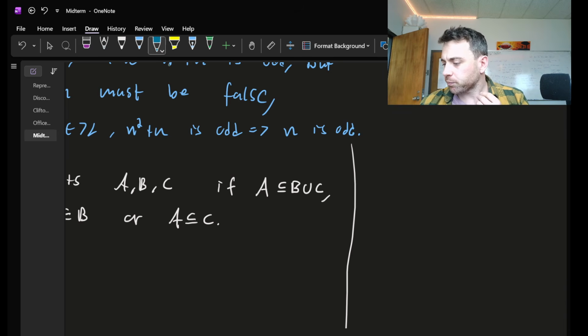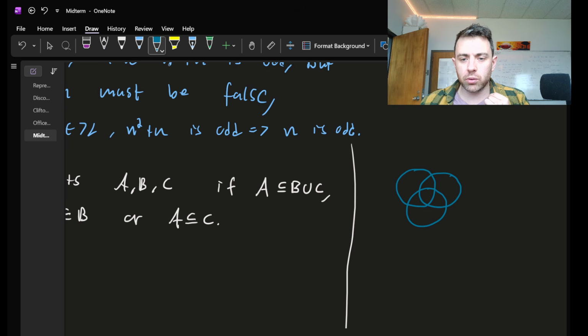So how do we do this, though? So a picture is not a proof, but of course a Venn diagram can help us to prove this. So we're going to write A, B, C. And now we're going to ask ourselves, so how do I set this up? If A is a subset of B union C, right?